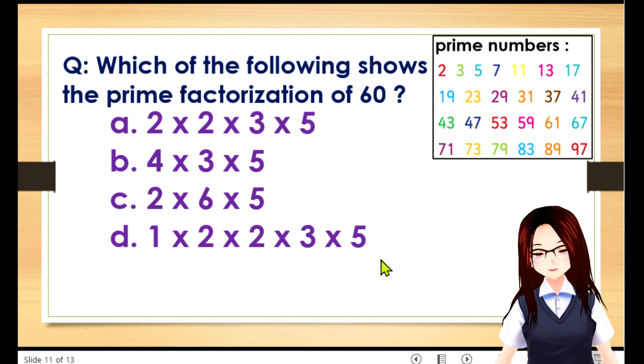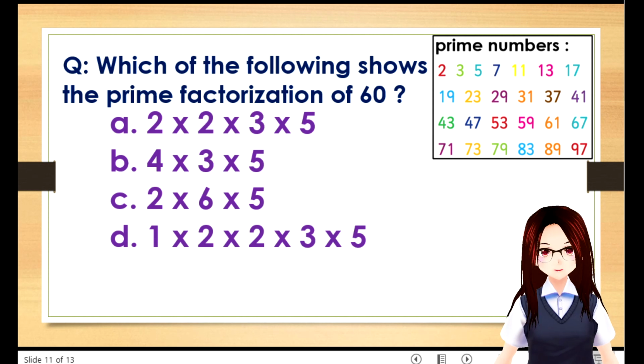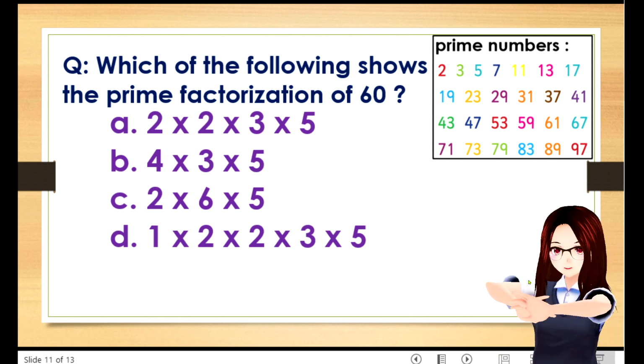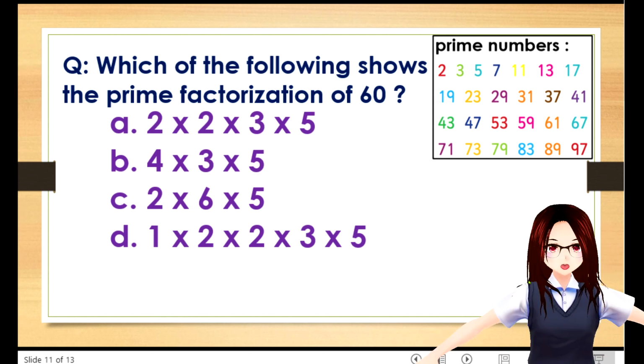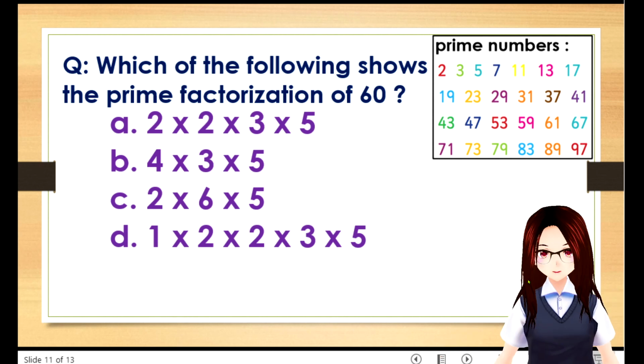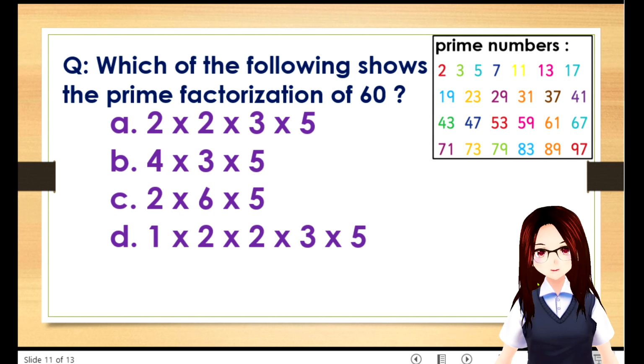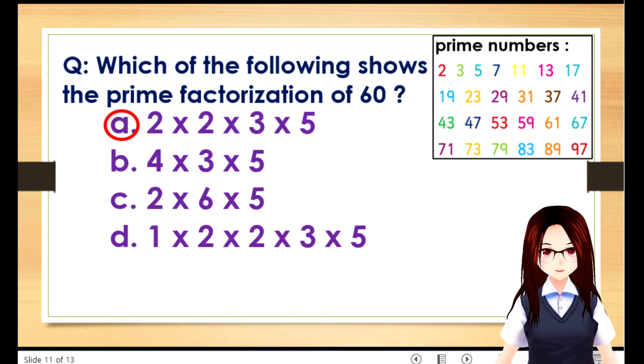Okay, next. Which of the following shows the prime factorization of 60? Ready? Go! Okay, time's up. The correct answer is letter A, 2 times 2 times 3 times 5. Okay, next.